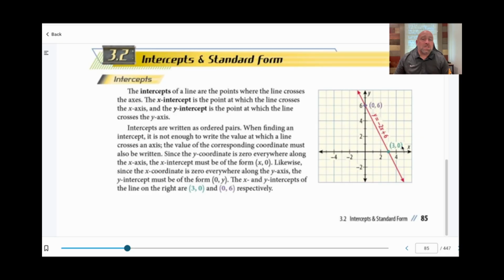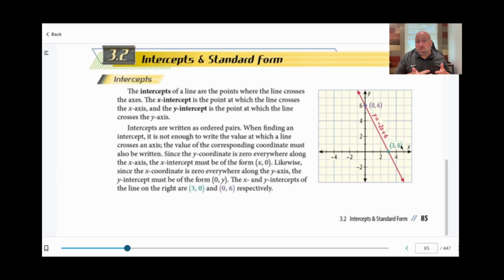Notice that the intersection point for the y is always going to be 0. Why is that? Because we didn't move on the y line. So wherever it crosses the x, that means we didn't move on the y line. So if we plug in 0 for the y, it will always kick out the x-intercept.